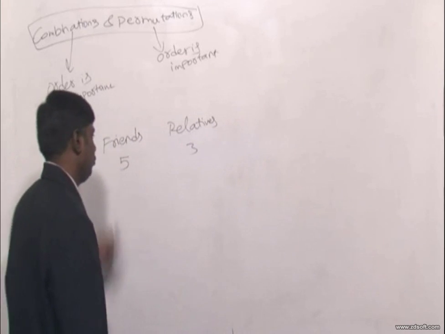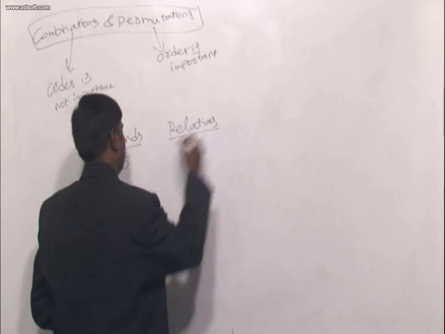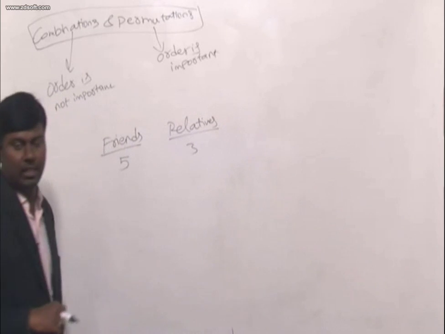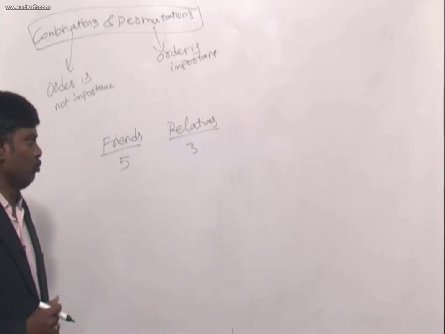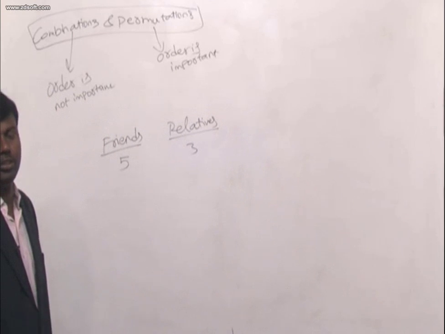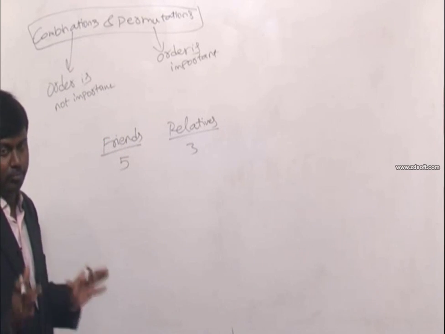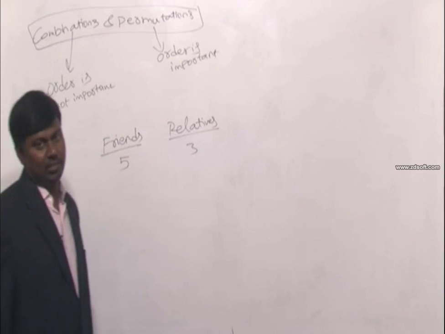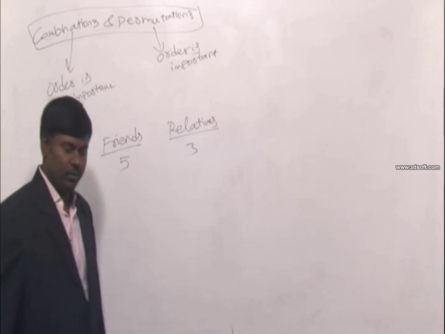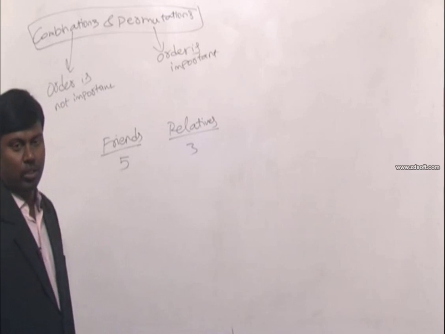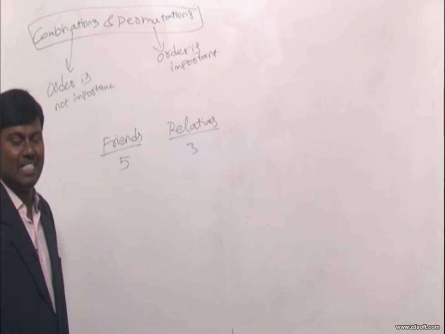Okay, when you chart it down, you have 5 close friends and relatives from whom you want to list out how many you want to invite, going by the pocket size. Okay, let us say you have concluded that you are going to invite only 6 people.